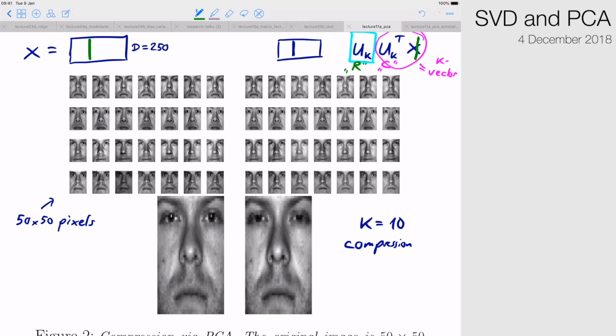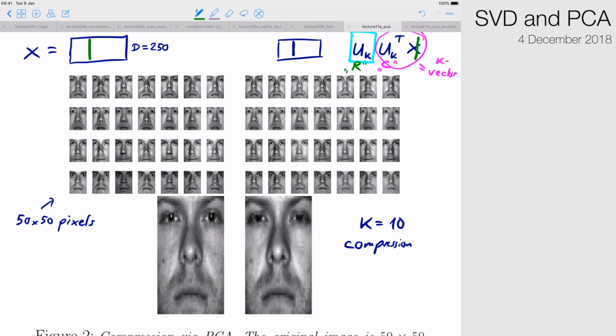There are different ways to measure the reconstruction error. Here we always talked about the Frobenius norm. Actually, the lemma I showed you also shows that the same thing is the best approximation in the operator norm, which is another matrix norm.